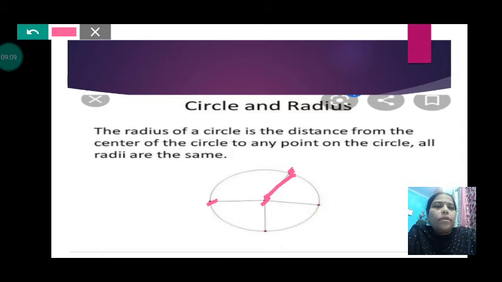From here also, from this point on the circle's circumference to the center, this makes the radius. This also is the radius, and this point also connecting, this is also the radius. So we have seen that there can be many radii of the circle, and all of them will be the same.